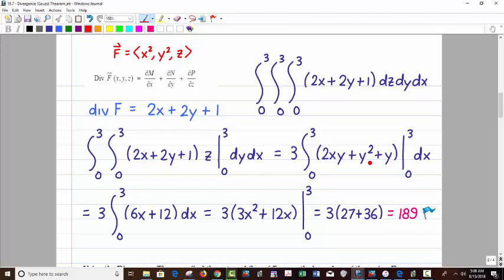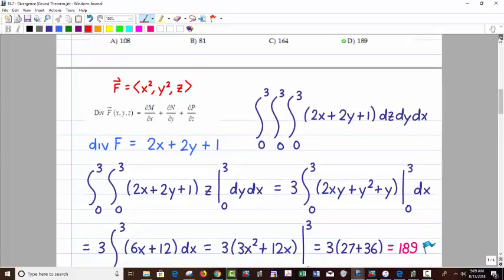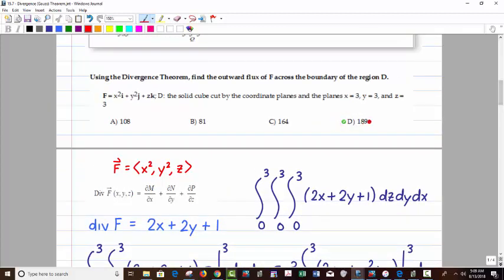Plug in 3 everywhere, so that's 9 plus 3, which is 12, and that's 6x. 6x plus 12 with that same 3. Integrate now with respect to x. We have 3 times 3x squared plus 12x from 0 to 3, and we will get 189 as the answer. There we go.